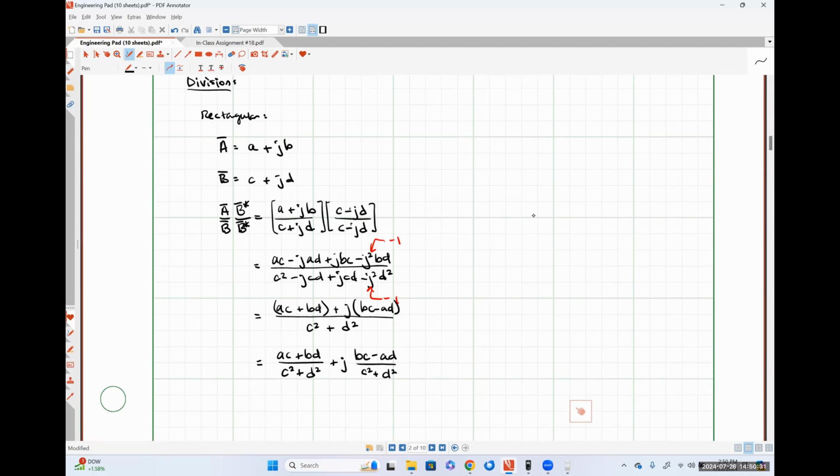Performing the division operation using exponential form complex numbers, we don't have to worry about any of that sort of tomfoolery, right?